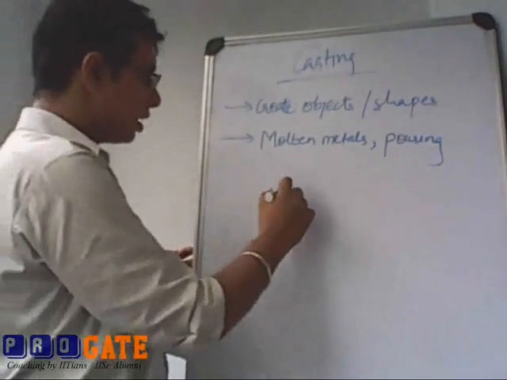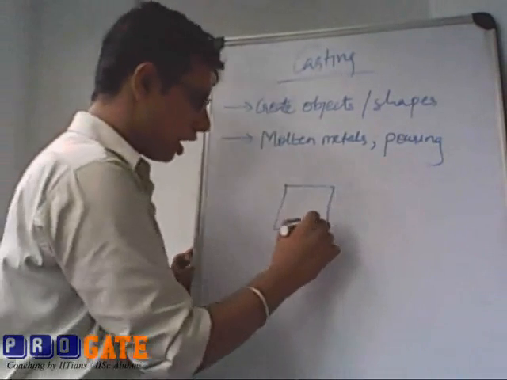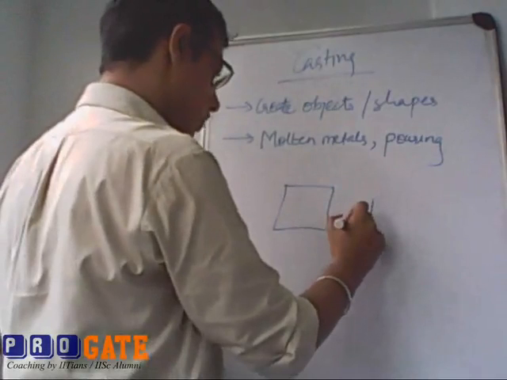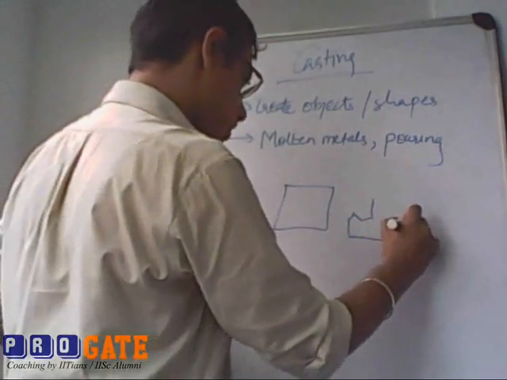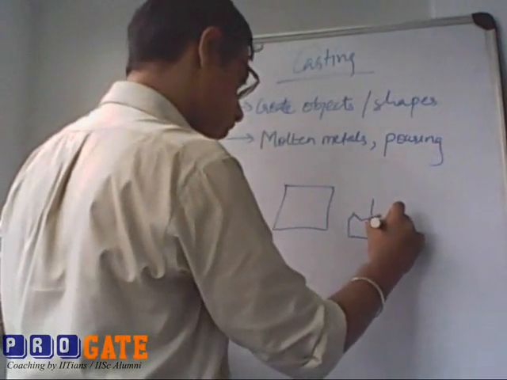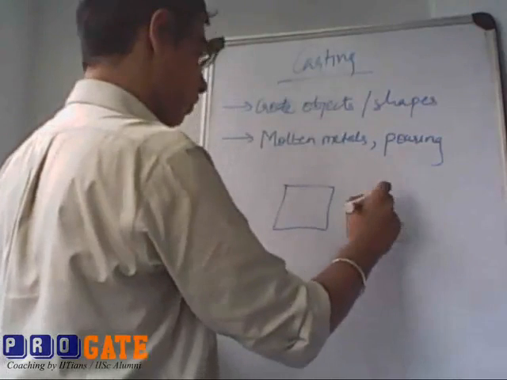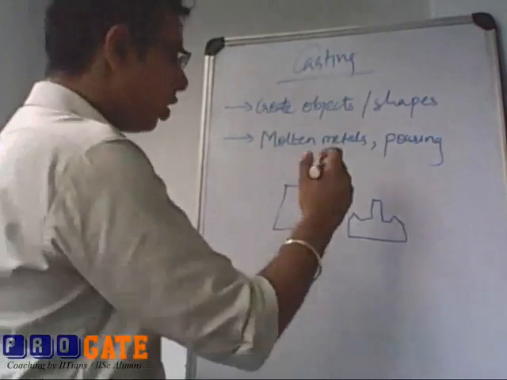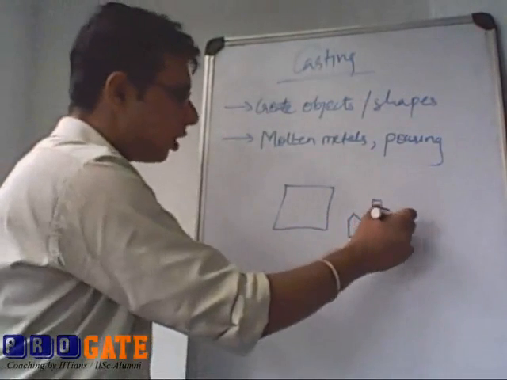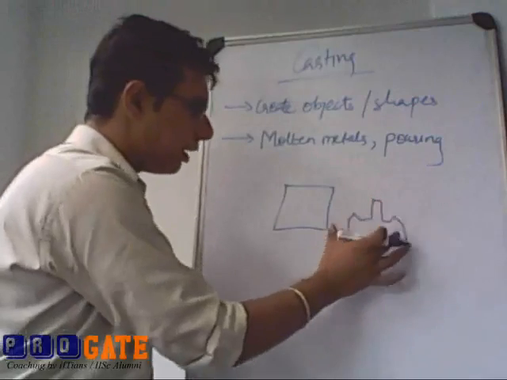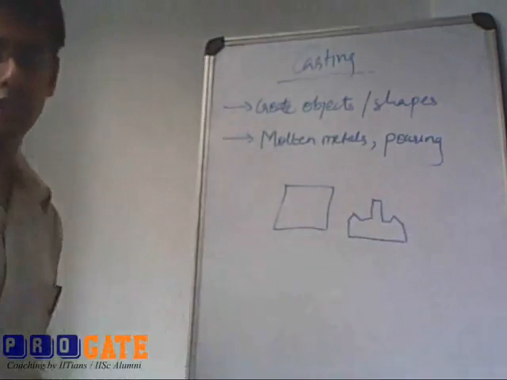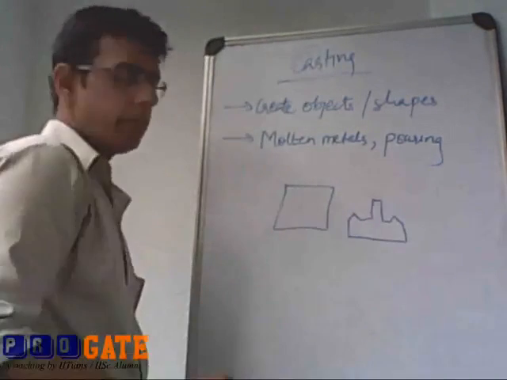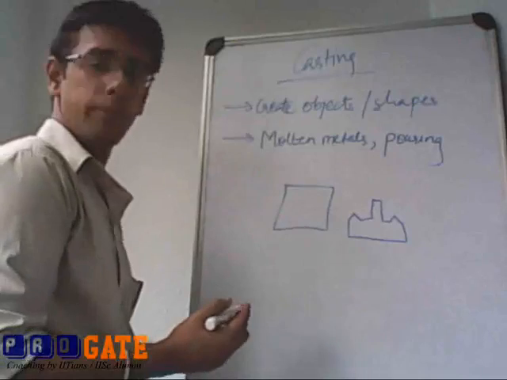What happens is, when I have a block and try to make an intricate shape out of this block, if I have to make this particular shape, observe that these are sharp corners and this is a flat area. The shape has a lot of contours on the surface. Taking a block, taking a saw, taking a machine and cutting out these parts is not very easy.